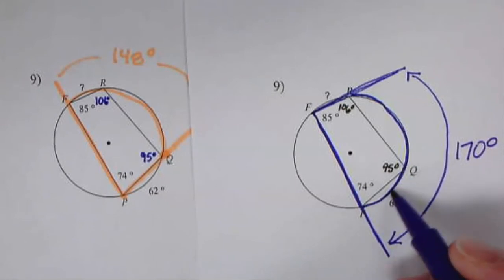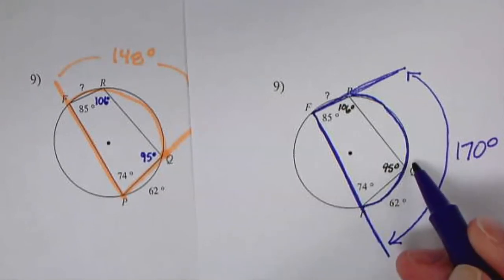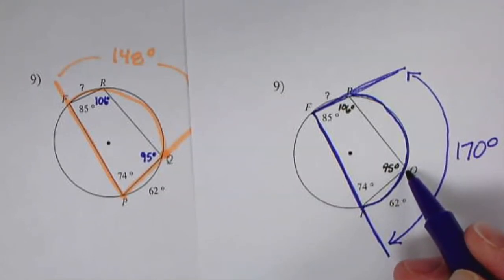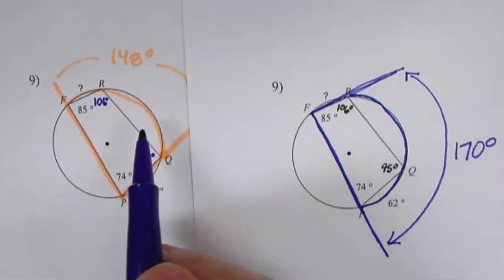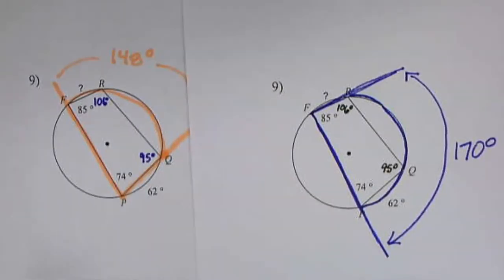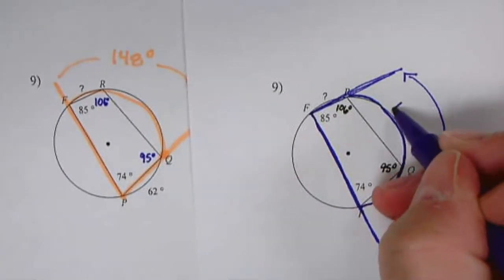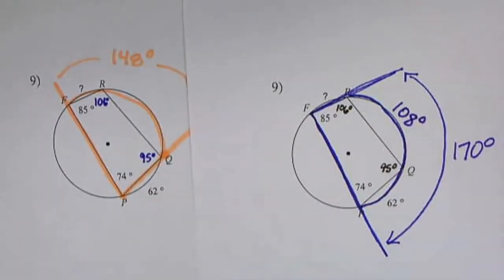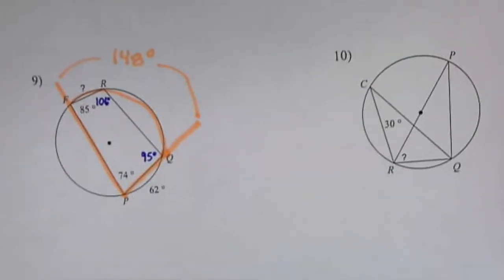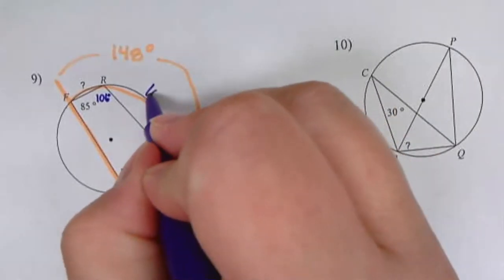And that means if I take the 62 degree part out, I will know what the measure of arc RQ is, and then I can use it back over here. So 170 minus 62 gives me 108. So the measure of arc RQ is 108. And I can say this part right here is 108.